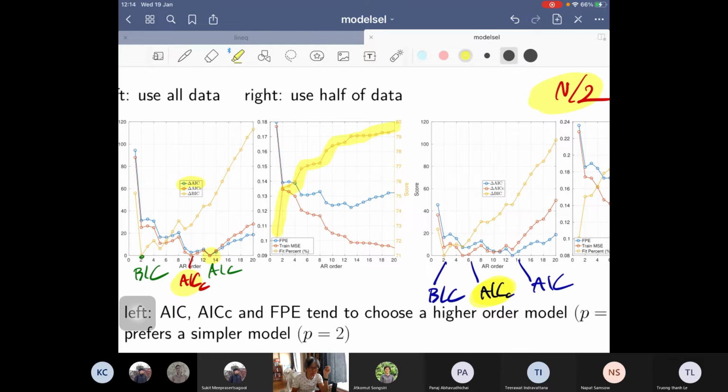Lower order, right? This points out the intention of the corrected AIC.